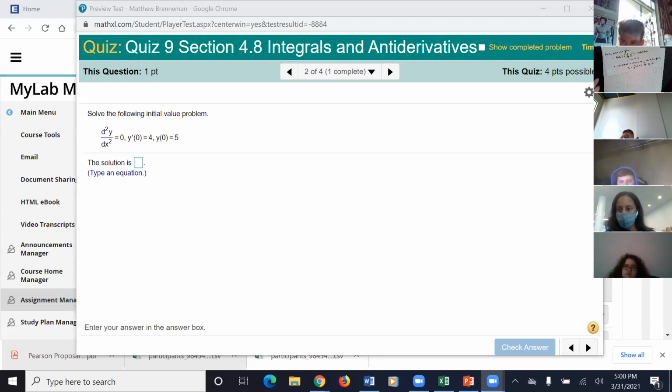And of course, the next step is I'm just going to sub this into my original general antiderivative, right? And when I put 4 in for C1, I'm going to get that the derivative function is equal to 4. It's a constant.